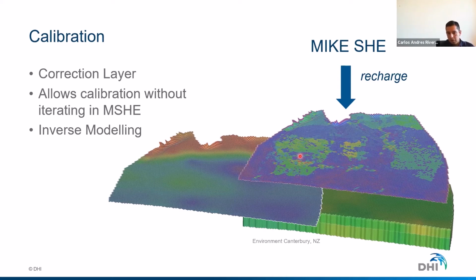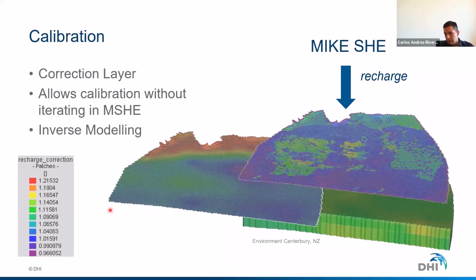What we do is solve the inverse problem, so we create a pseudo layer with pilot points. These pilot points take the information coming from MIKE SHE, then calibrate a correction factor, which will multiply the distribution coming from the hydrological software, and then the result of these two layers of distribution will be used in FEFLOW for the calculation.